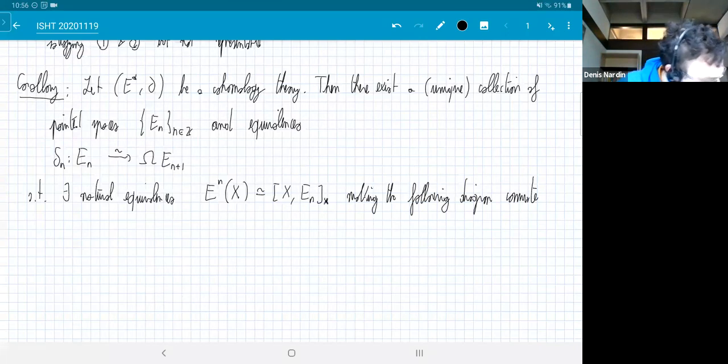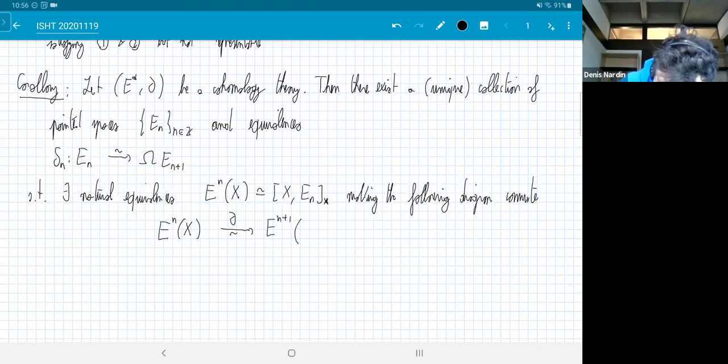And let's see, we have our D, which is an isomorphism here. And we have our isomorphisms with X, En. And here we have maps from sigma X to En plus 1.